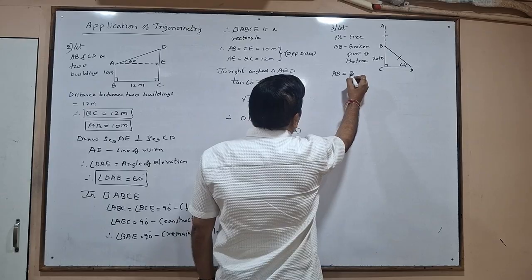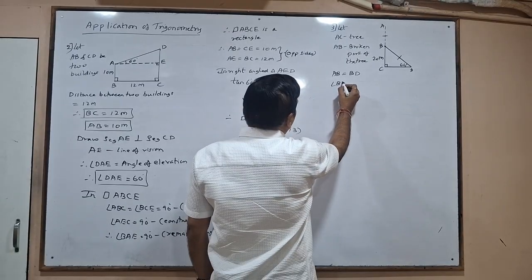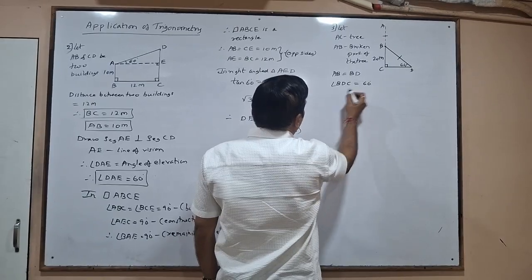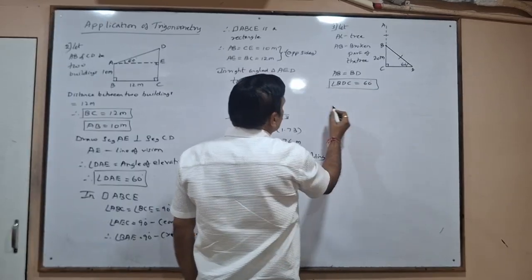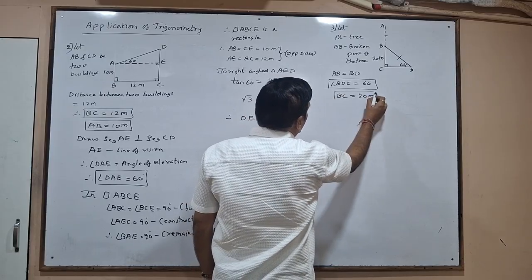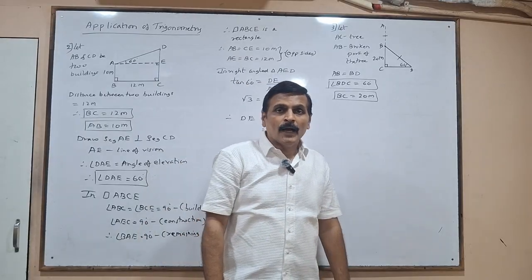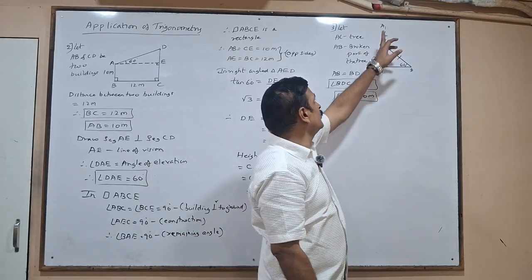AB is equal to BD. Angle BDC is equal to 60 degree and BC is equal to 20 meter. These two parameters are given. I want to calculate height of the tree.